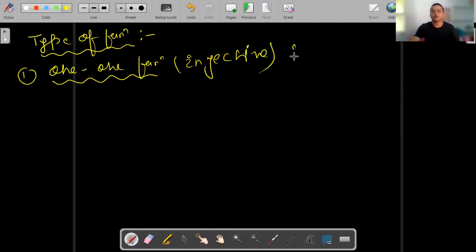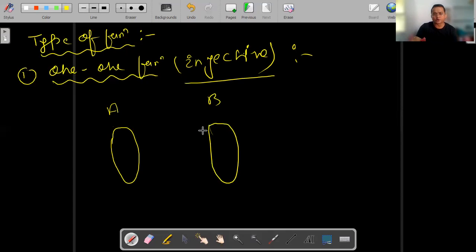Injective function. Okay. So see here. Let's say the elements of set A and set B. One-one function means one mapping.